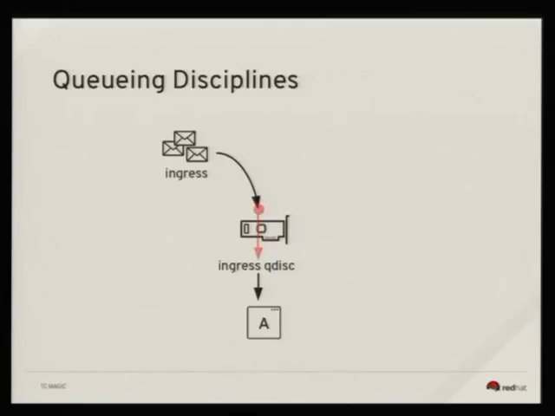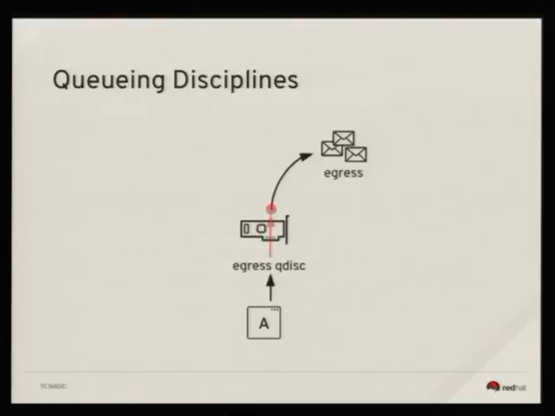So this is Ingress Qdisc. So again, that's something that's sitting between or at this entry point at the network interface, and gets traffic, gets packets, and then passes them down to the application. Obviously, Egress Qdisc works the same, but the other direction. So application sends data.